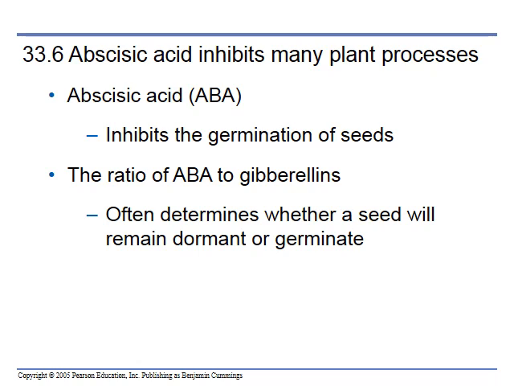The abscisic acid inhibits many plant processes. It inhibits the germination of seeds. And so this is good when you're looking at seed germination and remaining dormant. It allows seeds to remain dormant until the environment is favorable, and then they can germinate.